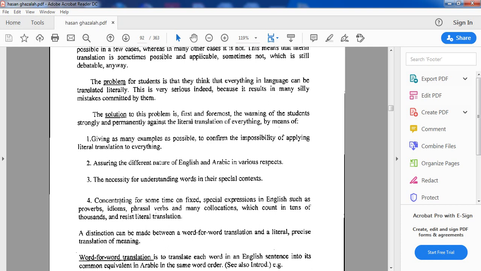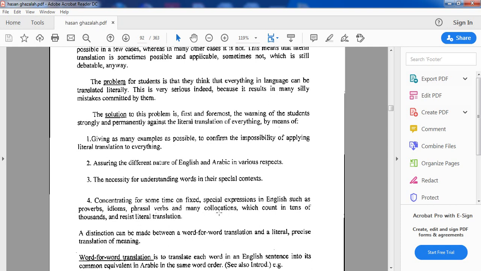Concentrating for some time on fixed special expressions in English. Yes, we have lots of fixed expressions in English, such as idioms, proverbs, figurative language, that is metonymy, metaphor, and also phrasal verbs.